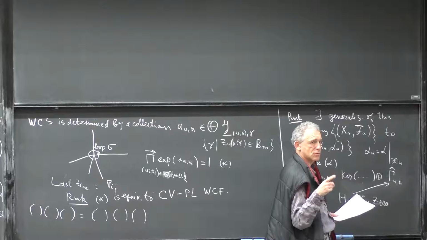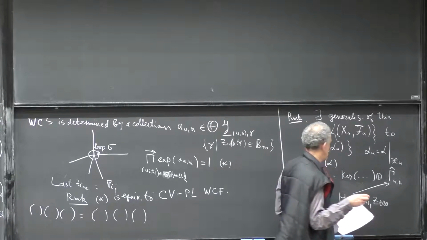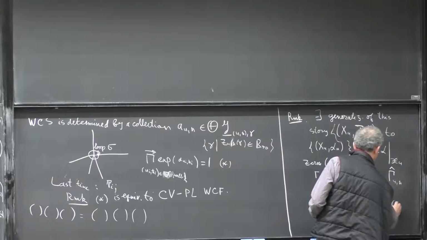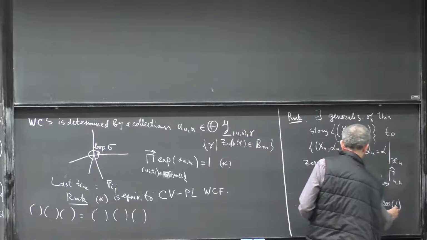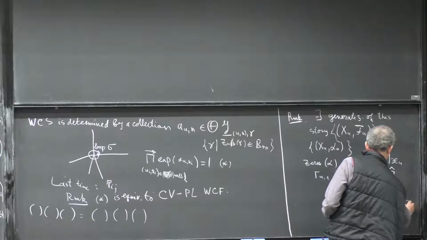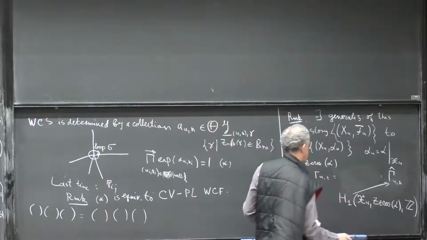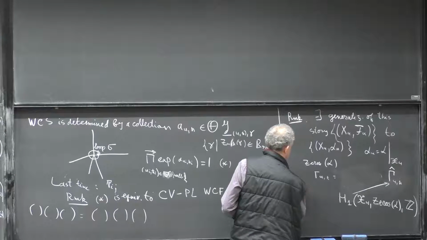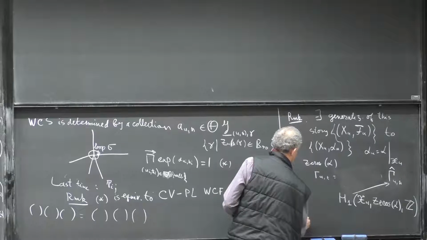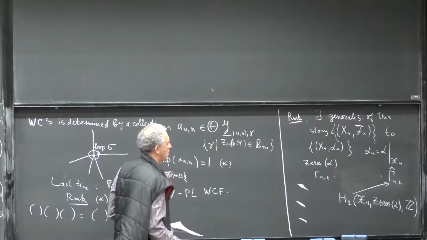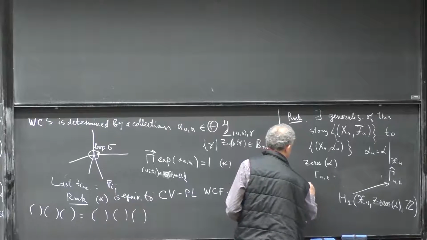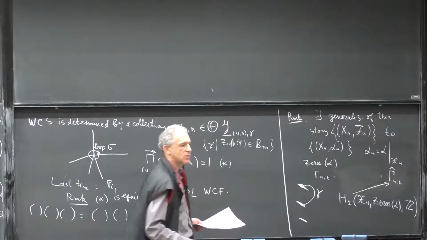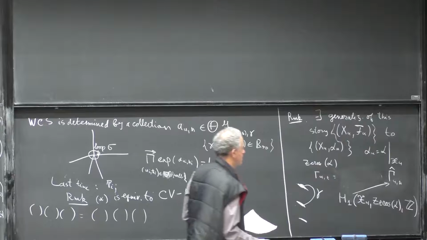You mean that there are also closed loops? Yeah, okay. So zeros. So I have some kind of zeros of the one form, and I consider paths gamma between different connected components.